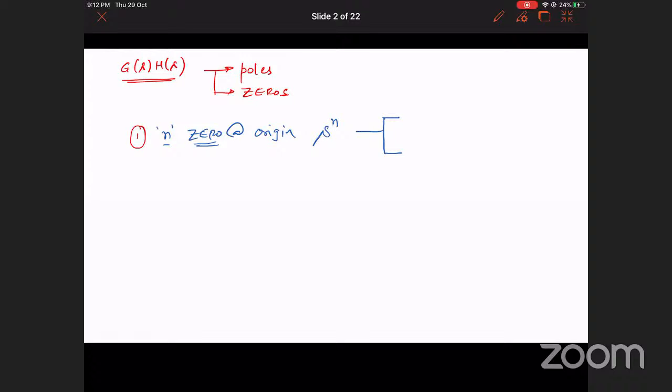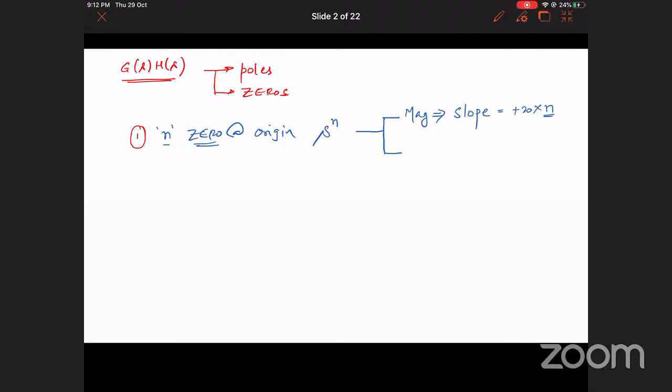In that case, in the magnitude plot, it contributes a slope. I'm so sorry, it is positive 20, positive 20 multiplied by n. What does n indicate, guys? n indicates the number of zeros at origin.